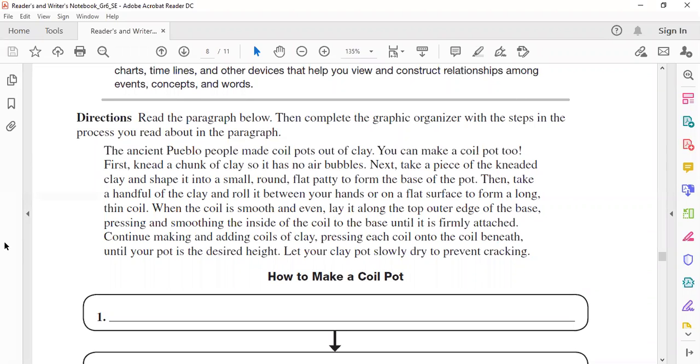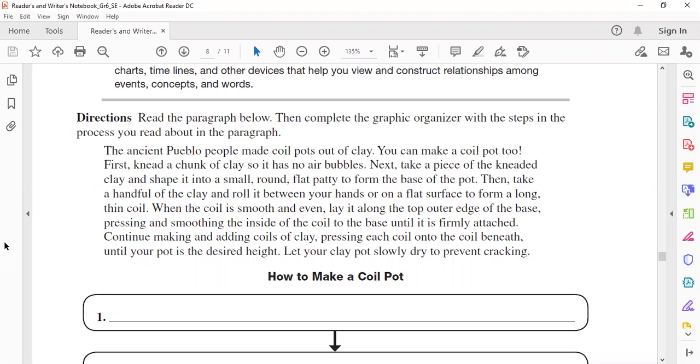The ancient Pueblo people made coil pots out of clay. You can make a coil pot too. First, knead a chunk of clay so it has no air bubbles. Next, take a piece of the kneaded clay and shape it into a small round flat patty to form the base of the pot.